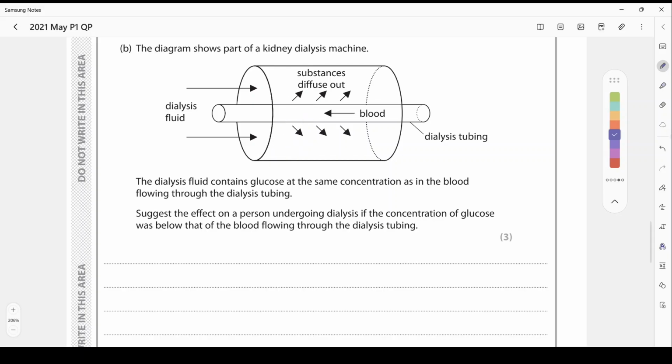Suggest the effect on a person undergoing dialysis if the concentration of glucose was below that of the blood flowing through the dialysis tubing. We know that diffusion is when molecules go from a region of high concentration to a region of low concentration.